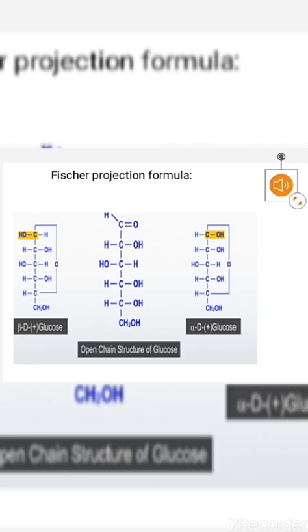Such isomers, in which the configuration is changed only at the first carbon, are known as anomers. So glucose shows two anomers: in the alpha anomer, H is on the left and OH on the right, while in the beta anomer, H is on the right and OH on the left.